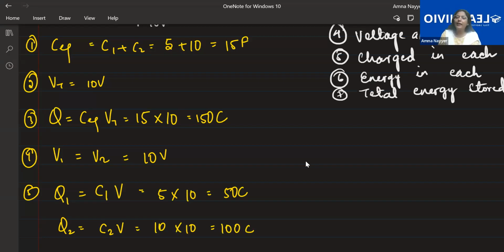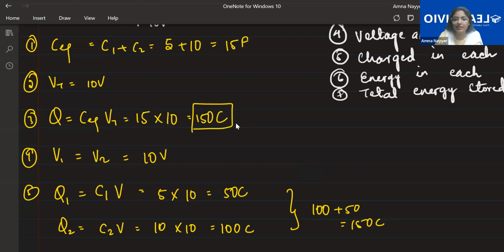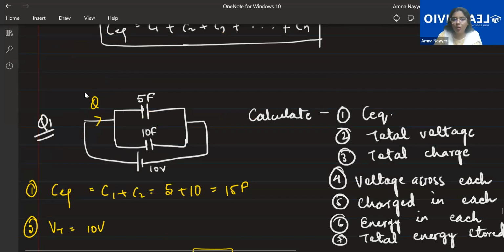Just look, in the previous case, voltage was getting split, and when you added them, you got the entire voltage back. Right now, if I add these two, 100 plus 50, I'll get 150 coulomb, which is actually the original charge. It means a charge of 150 coulomb comes.